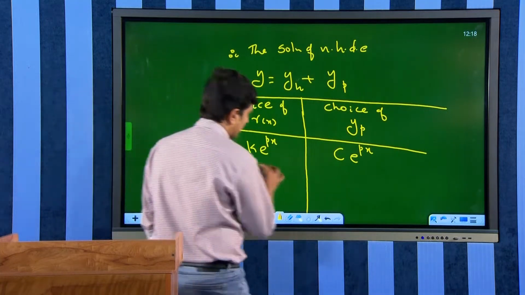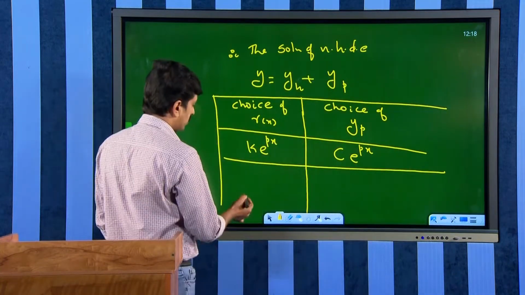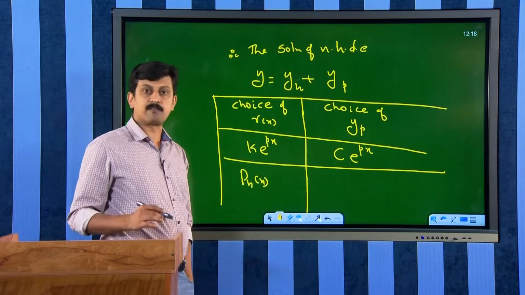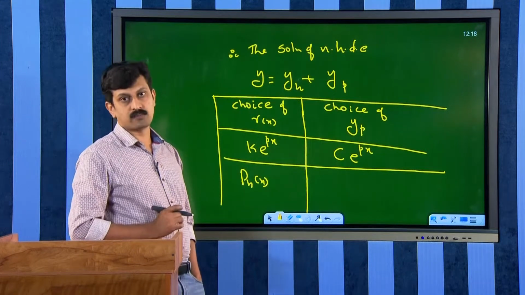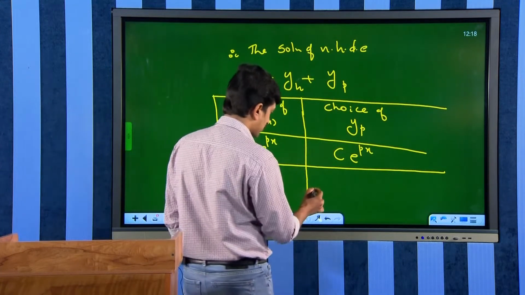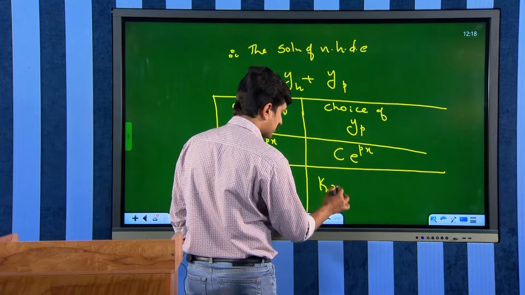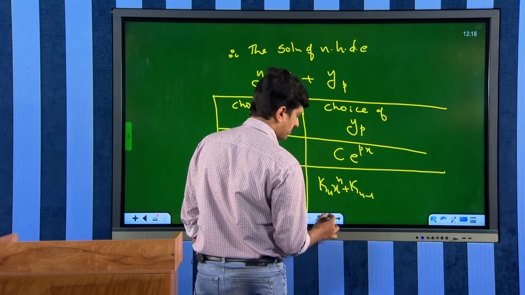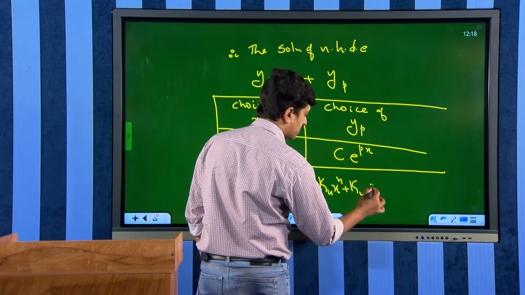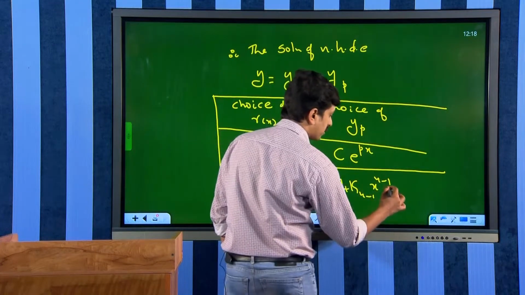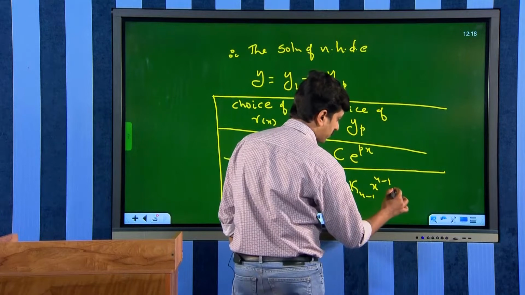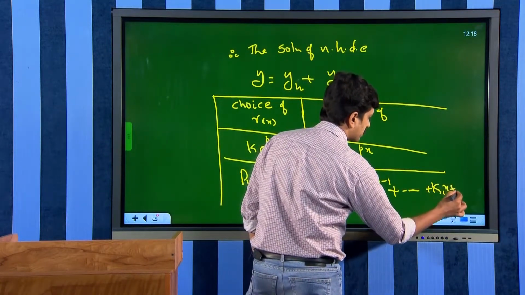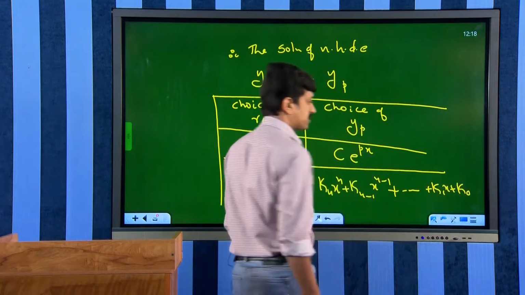And see, dear students, if r of x is equal to some Pn of x, an nth degree polynomial, then we can say that yp is equal to kn x raised to n plus kn minus 1 x raised to n minus 1 plus etcetera plus k1x plus k naught.